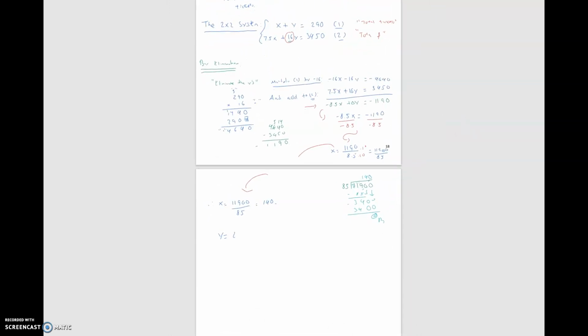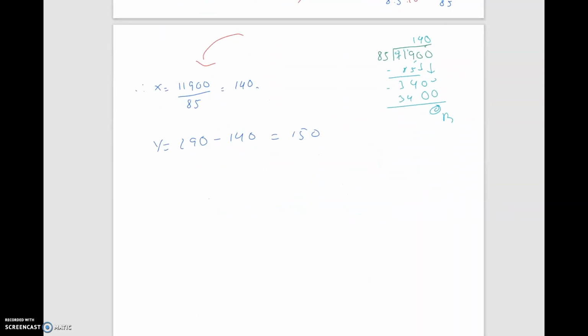So this will be 290 minus 140, which is equal to 150. Okay, so let me just finalize it here. So x is equal to 140, y is equal to 150, x and y is equal to 140 comma 150.